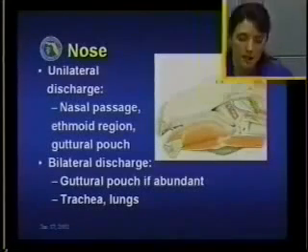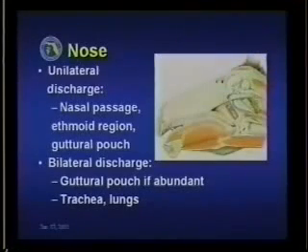In general, we consider that a unilateral discharge will come from anywhere from the nostril to the throat, and this can be affected when nasal passages are affected, or the ethmoid region, or the guttural pouches, which are structures located at the back of the throat, and as we'll see a little bit further down, can be affected by various diseases.